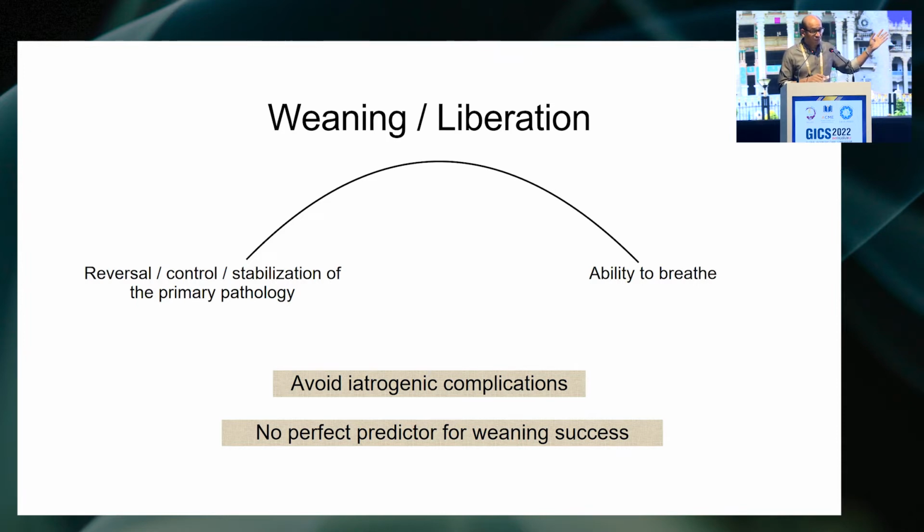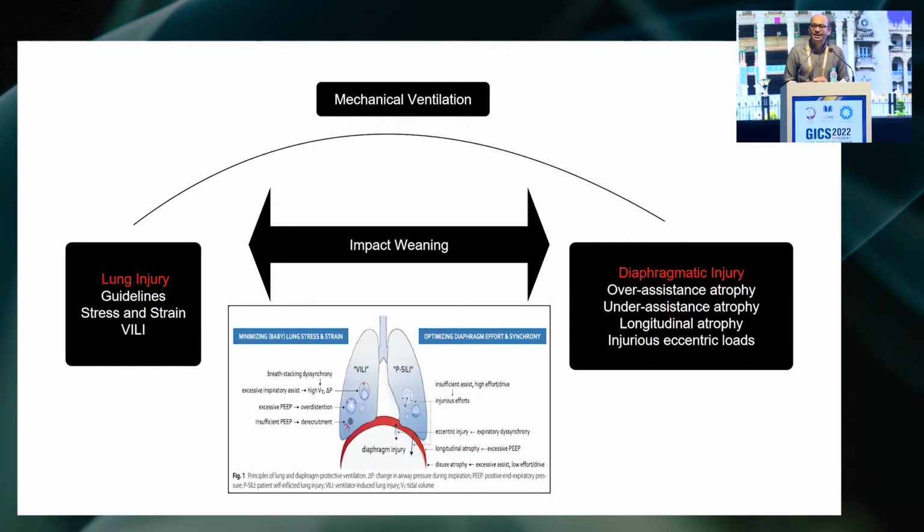And with these two things, if you can avoid iatrogenic complications, we all know that when a patient is in the intensive care unit on a ventilator, there is scope for a lot of iatrogenic complications. It's something that we need to look at.